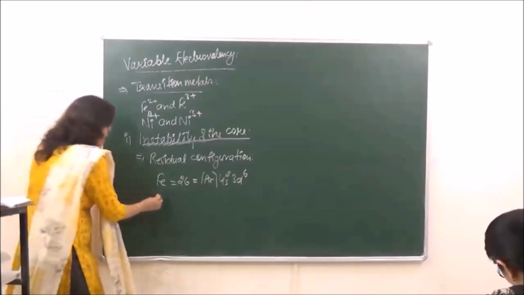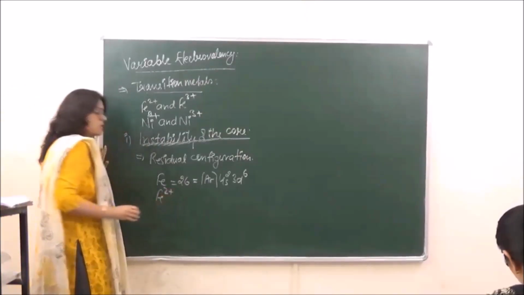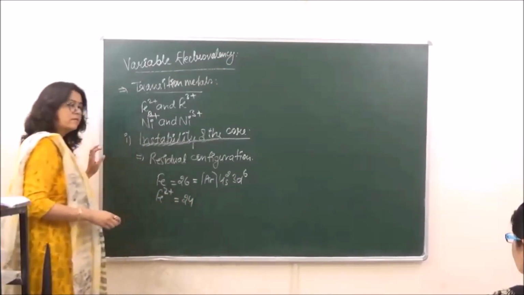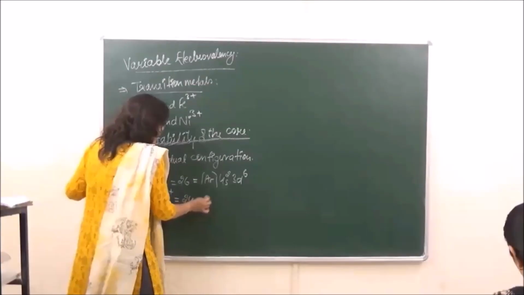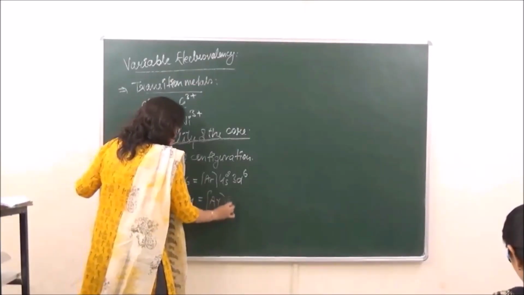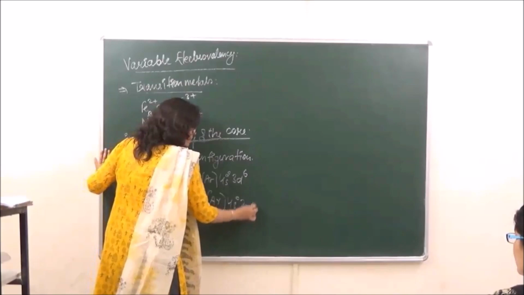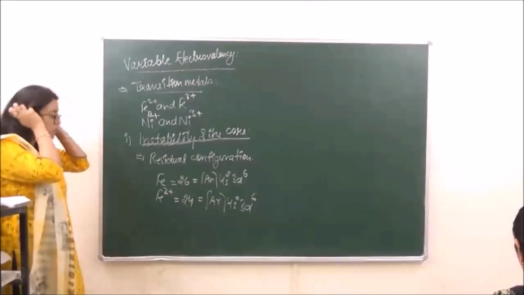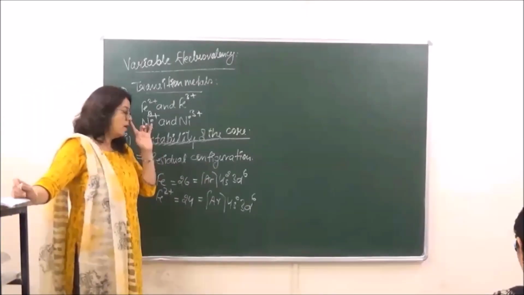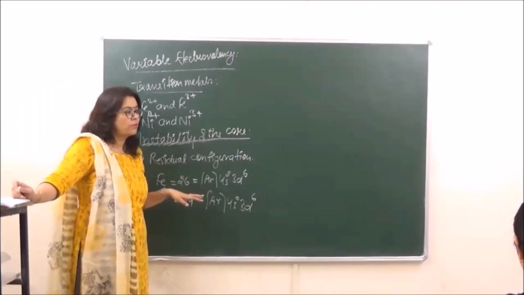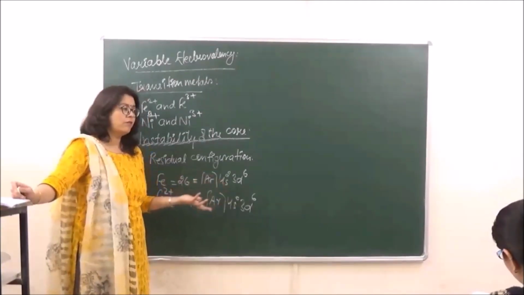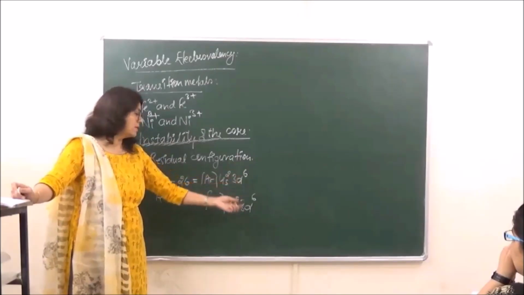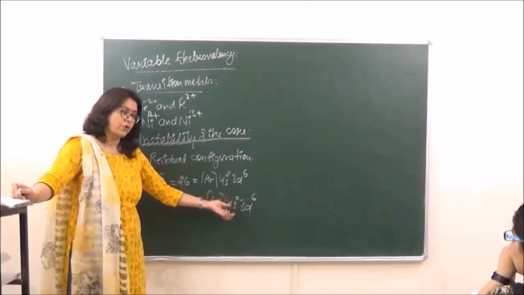Now, if iron loses 2 electrons to become Fe2+, the electronic configuration becomes 4s0 3d6. Now we know that 3d6 is not a stable configuration, but 3d5 is a stable configuration. Half filled and fully filled have extra stability. So this is known as an unstable core.